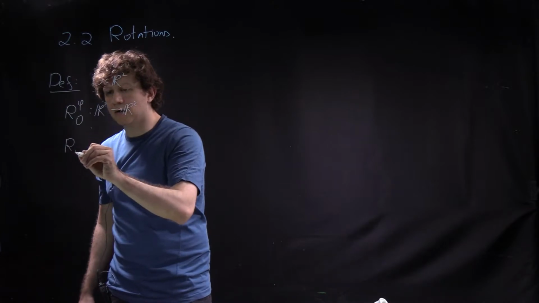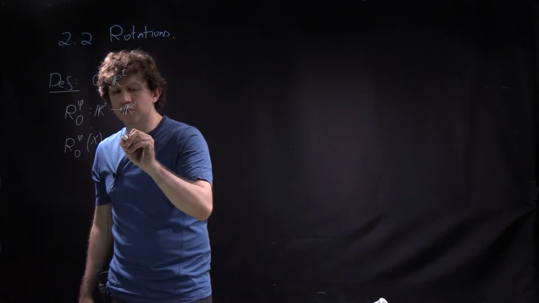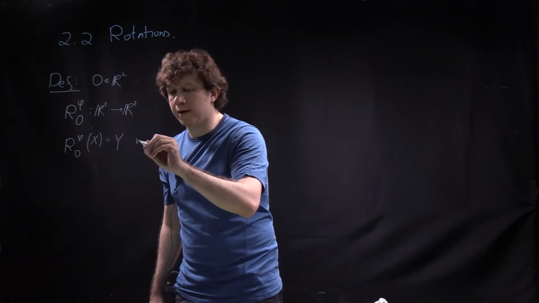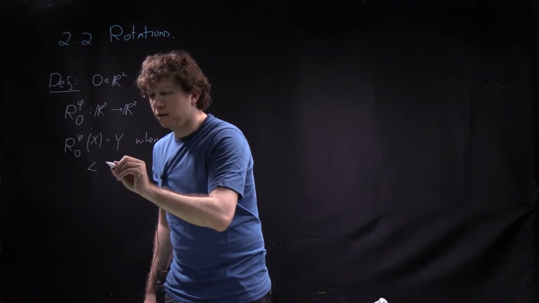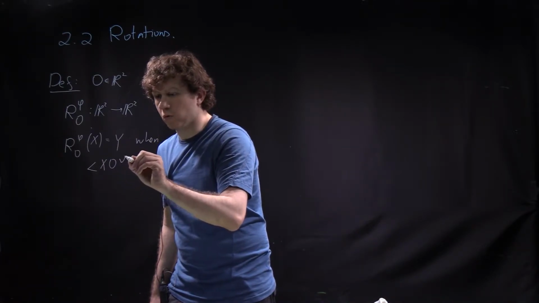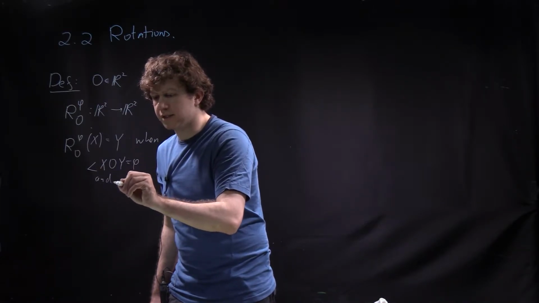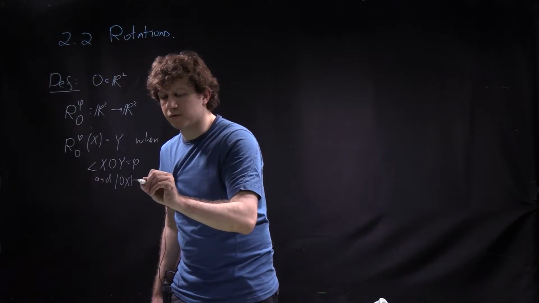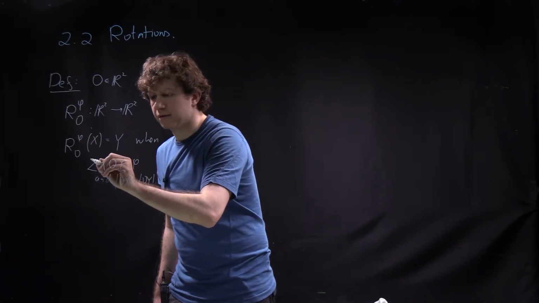R_O,phi of x equals y when the oriented angle from x to O to y equals phi, and the distance between O and x equals the distance between O and y. And this is kind of an oriented angle.